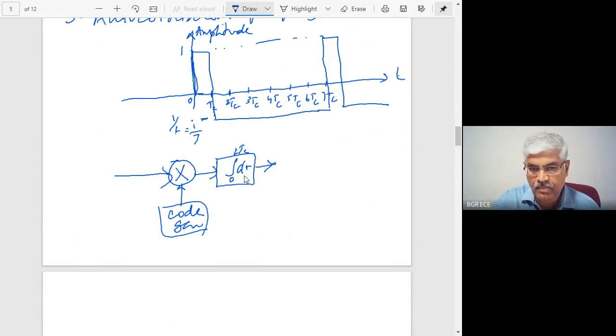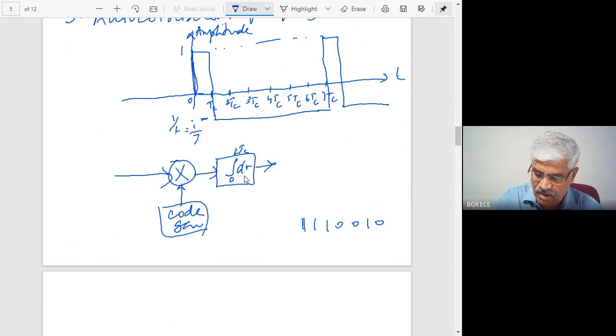So it will go on integrating. When one complete sequence has entered, the output will be continuously available, starting with minus 1, and then it will again go on giving you minus 1. When the complete sequence has entered, the output will be maximum. Here we have assumed that both are synchronized. This is the code generator, which is generating 1110100, and what is received is also the same.